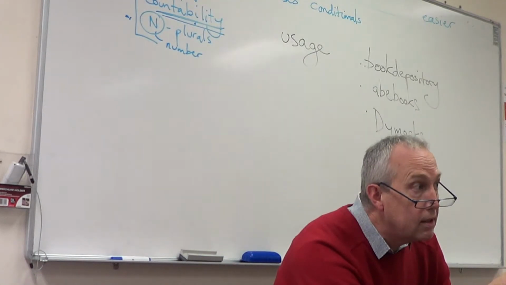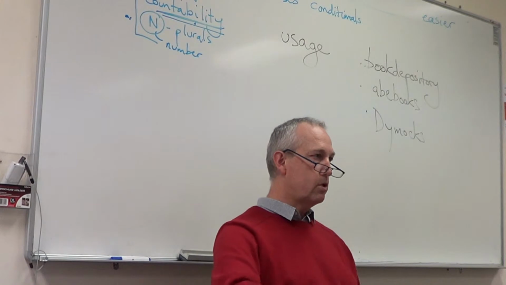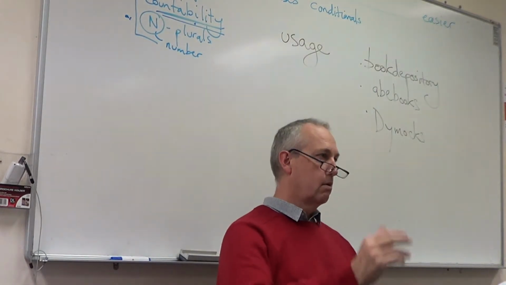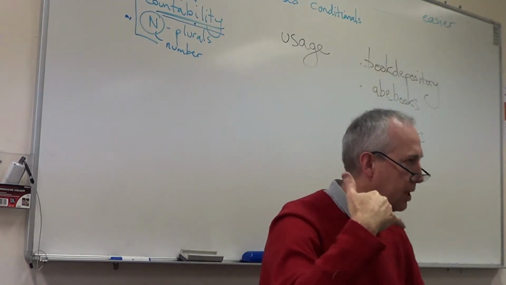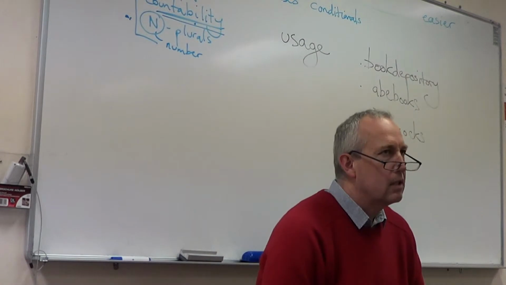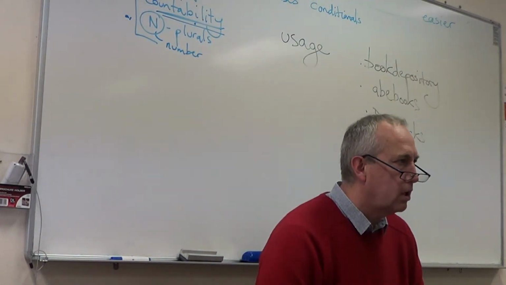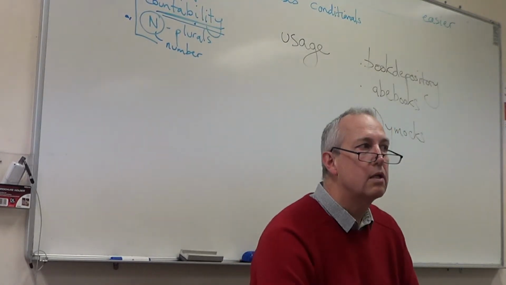You said? Bar, right. With uncountables, if you want to say to somebody, can I have 2 bars of soap up to my hotel room, please? I haven't got any soap in the bathroom. I need 2 bars. 2 packets, you could say. A bar is the common collocation. You can't say 2 soaps.